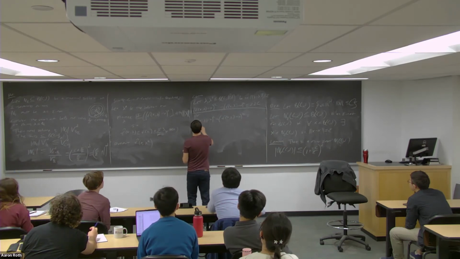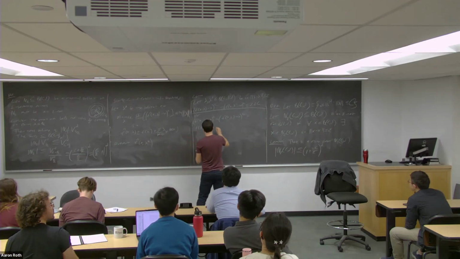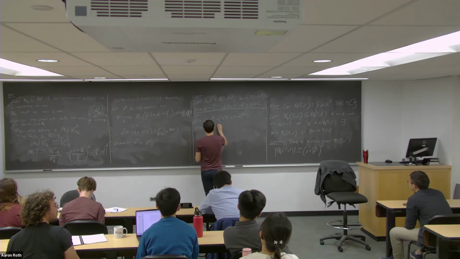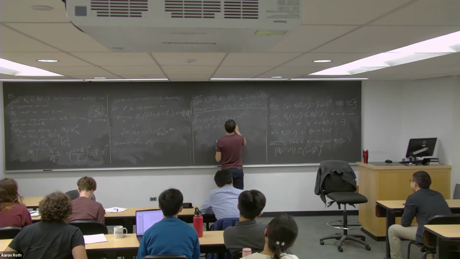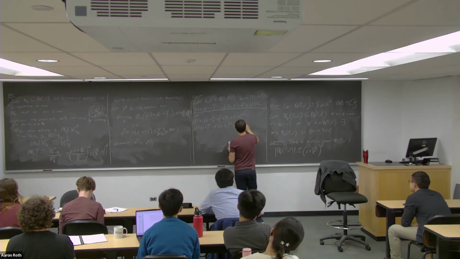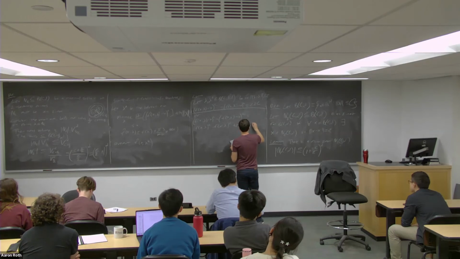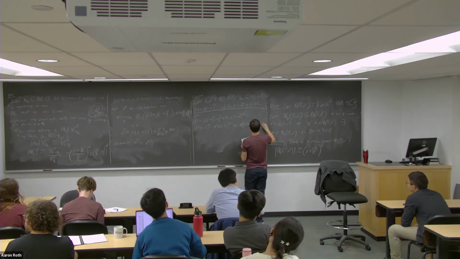And so I just get f of x lambda squared minus f of x lambda prime squared plus the cross terms, plus 2y times f of x lambda prime minus f of x lambda.